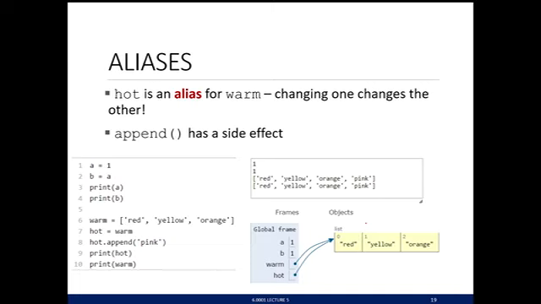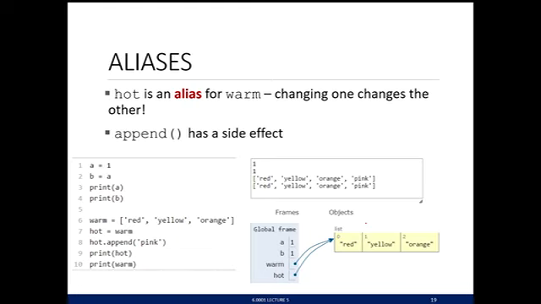With lists, however, something different happens. I have warm as a variable, and it's going to be equal to this list, red, yellow, orange. It contains 3 elements. Hot is equal to warm means I'm creating an alias for this list, and the alias is this variable hot. So notice warm and hot point to the exact same object.